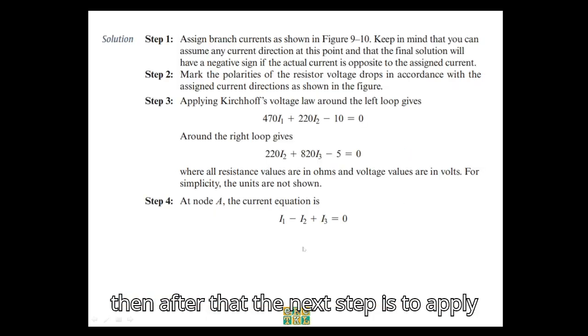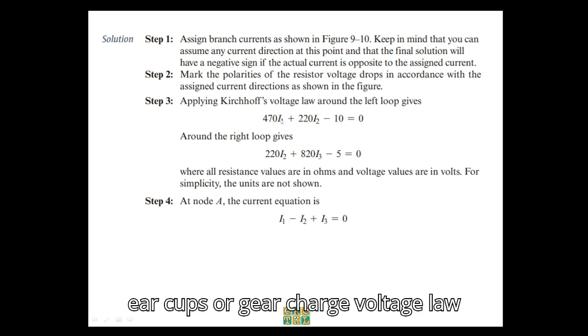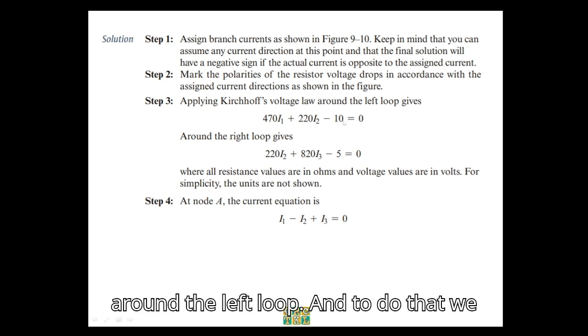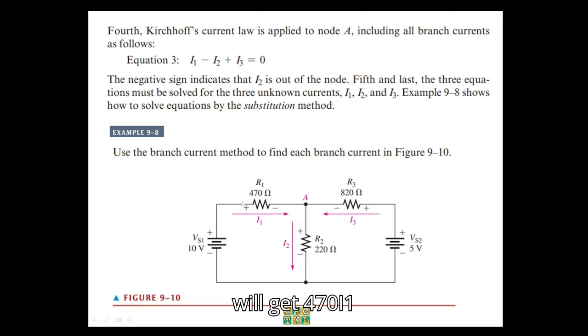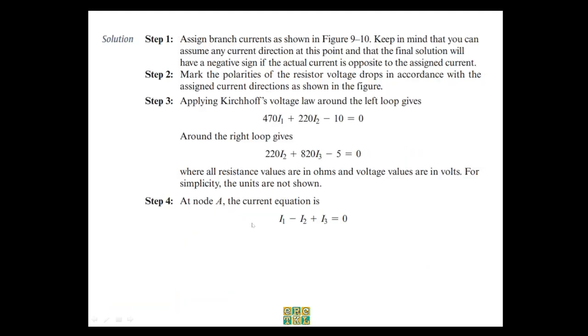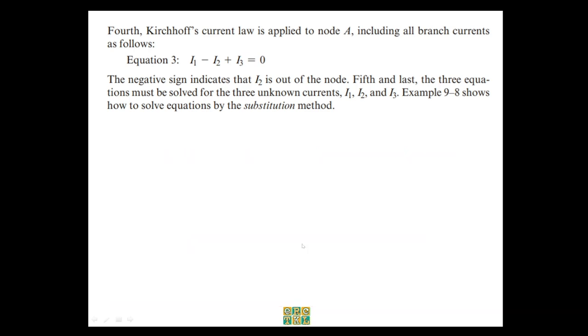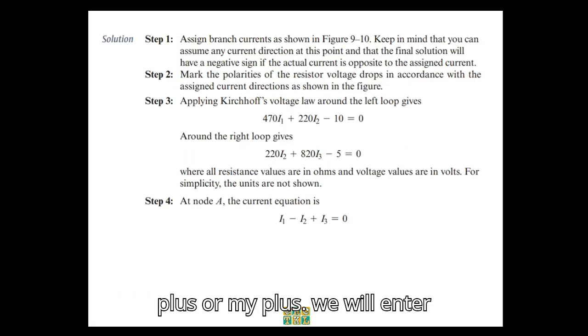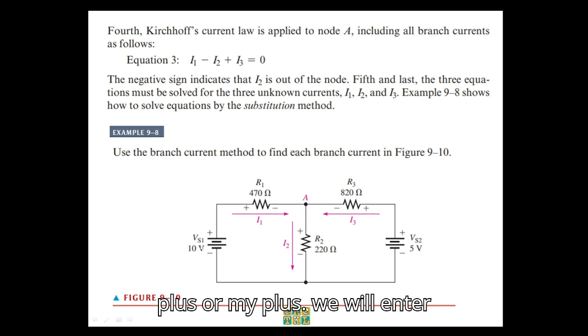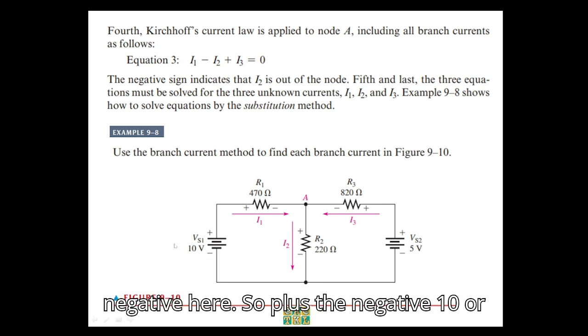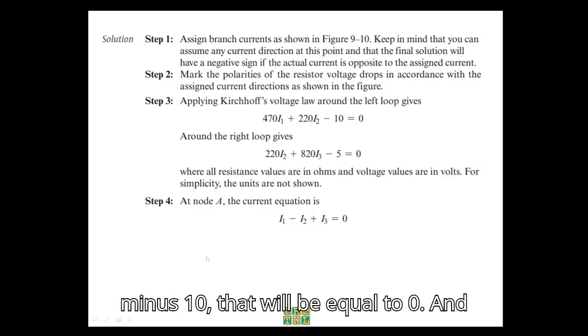And then after that, the next step is to apply Kirchhoff's voltage law around the left loop. To do that, we will get 470 I1 plus 220 I2, plus the negative 10, or minus 10, that will be equal to 0.